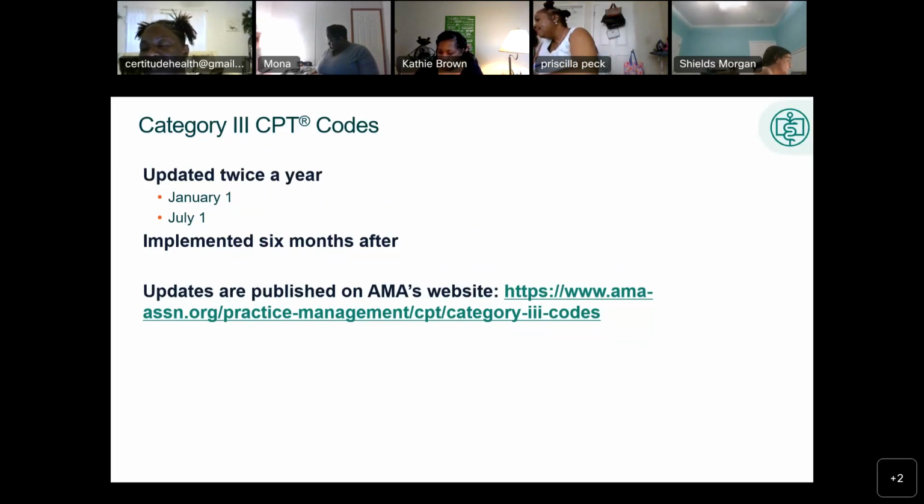So the category 1s are the ones that are billed all the time. The T codes are only used if there is not an appropriate category 1 to represent the procedure. That would be because it's a new procedure or new equipment that they're using that they've never used before.